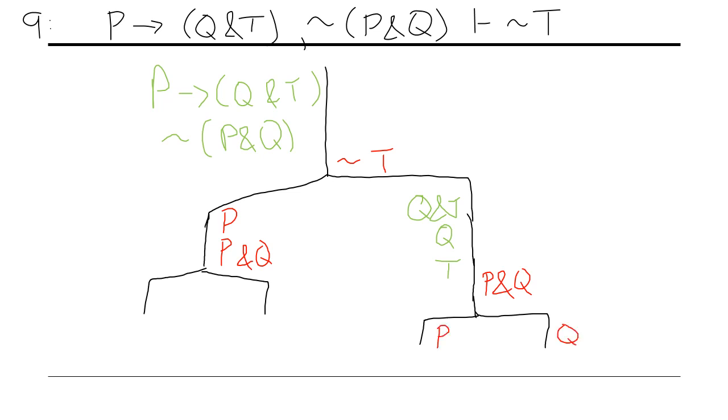P, Q, P, Q. And then we need to flip this T across and we'll be done. So all these T's again are coming from our conclusion.